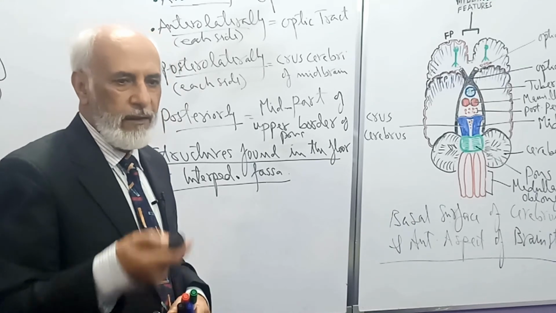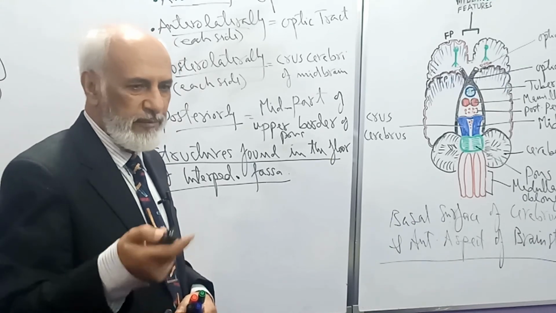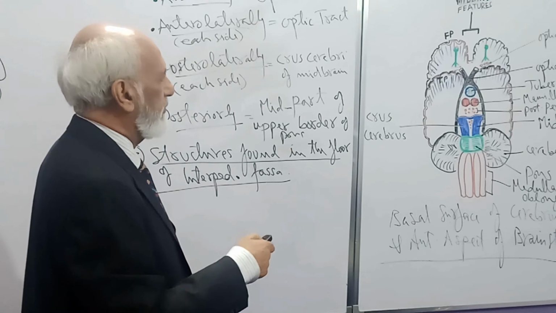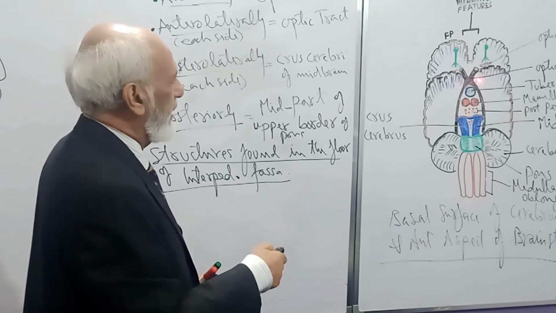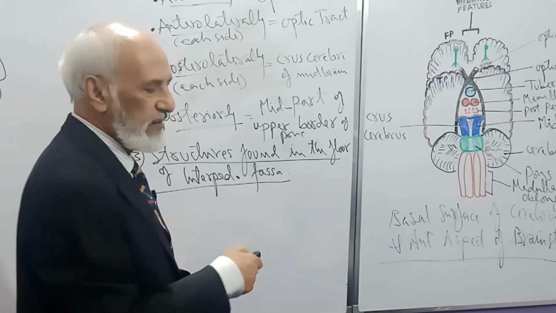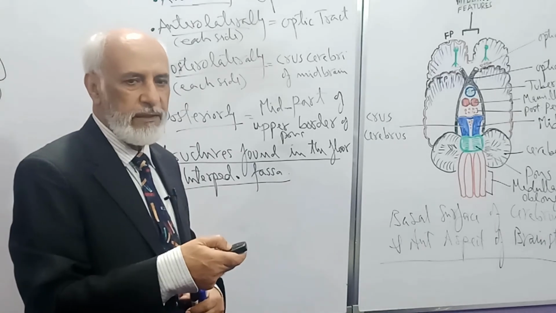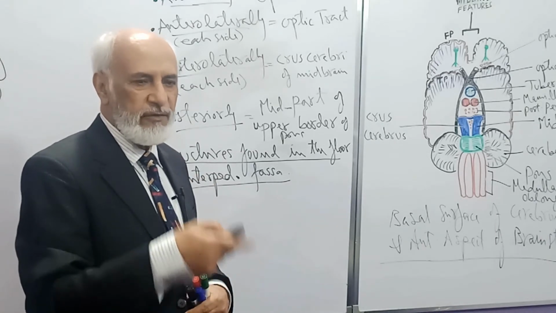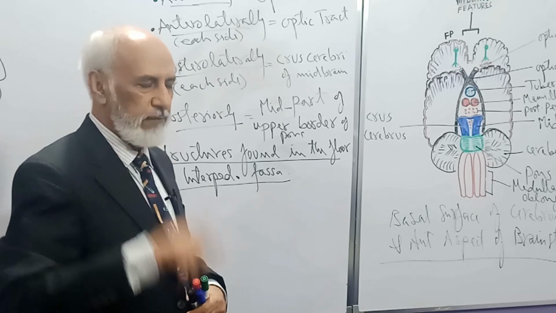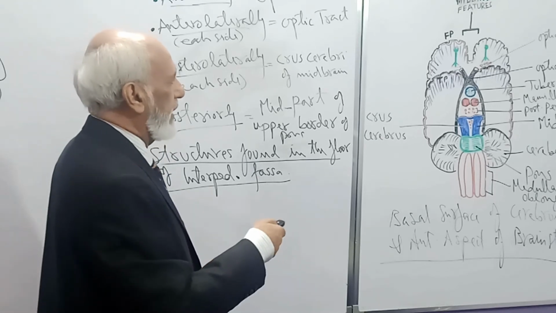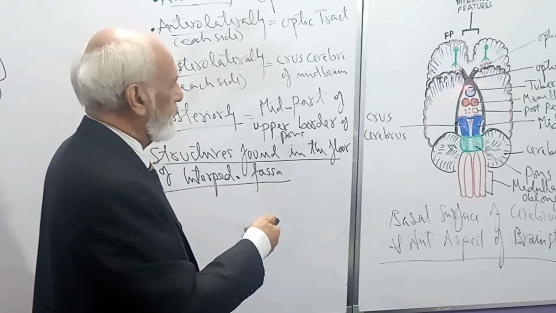Now between these boundaries, this is floor of the interpeduncular fossa. Now, which structures will be seen in the floor of the interpeduncular fossa? Just behind the optic chiasma is the tuber cinereum. Below that is the median eminence. Still below that is the infundibulum and the pituitary gland, which are not shown here.